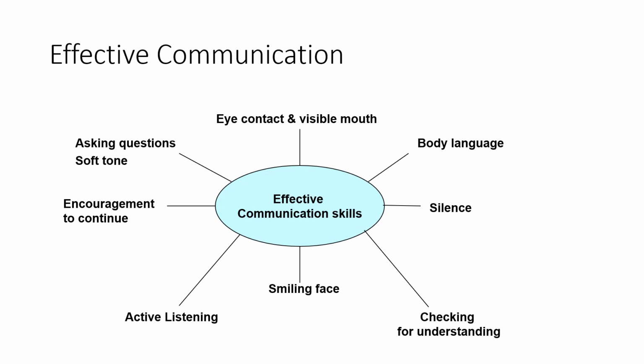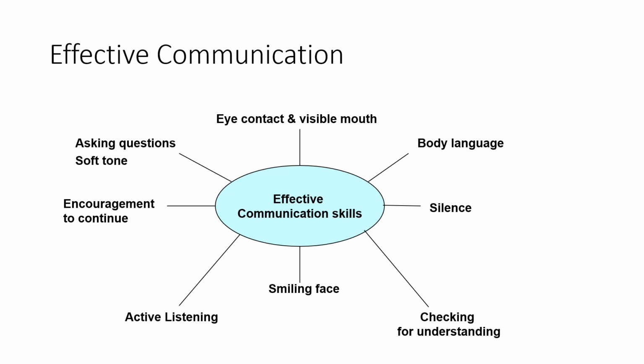Now there are various caveats for effective communication: body language, eye contact, asking questions, voice should be in soft tone, encouragement to continue, active listening. I will focus on active listening, smiling face, and checking that communication has actually occurred.